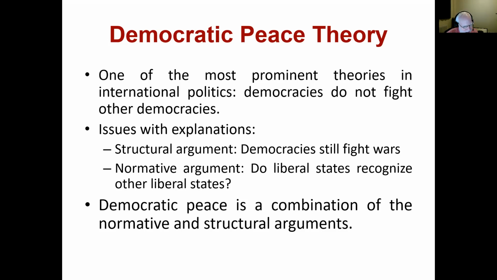The normative argument faces some questions too. Do liberal states recognize other liberal states? It's based on the assumption that democracies know who the other democracies are, and so therefore will view it as illegitimate to fight other democracies. But there's debate as to what another democracy is.